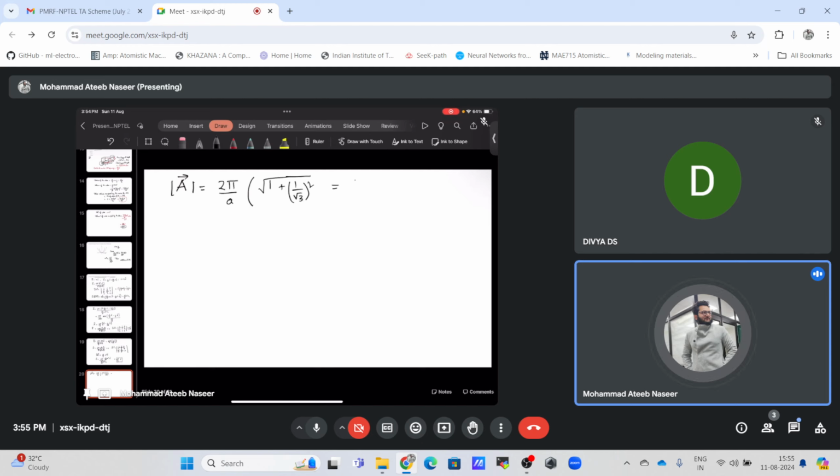So it will be simply 2π/a times 2/√3. So this is the magnitude of reciprocal lattice vector A.